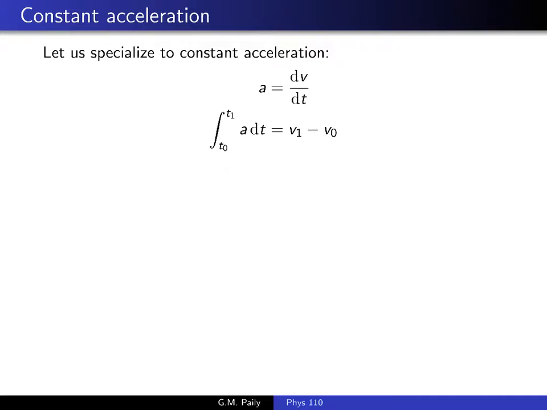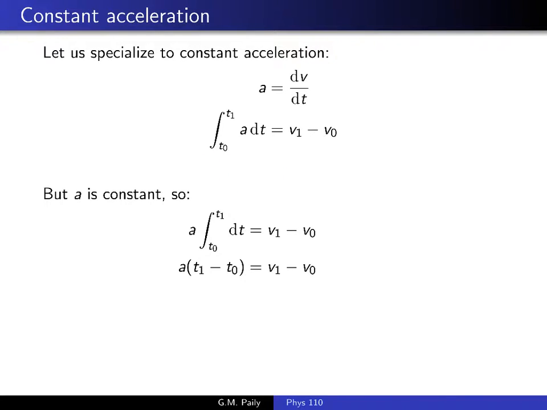What about this side? a is a constant, and so we can pull it outside the integral. So now we simply have integral dt from t0 to t1. The integral of dt is just t, and evaluated at the limits we get a times t1 minus t0 is equal to v1 minus v0.